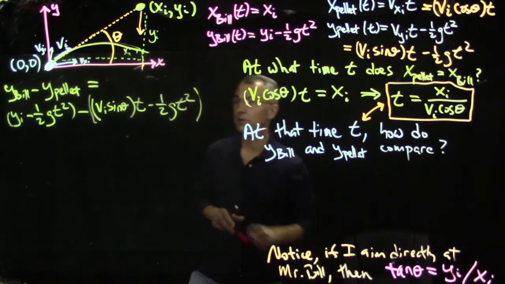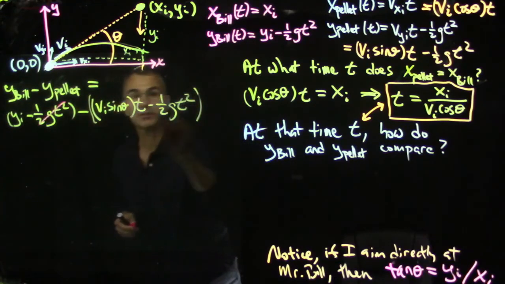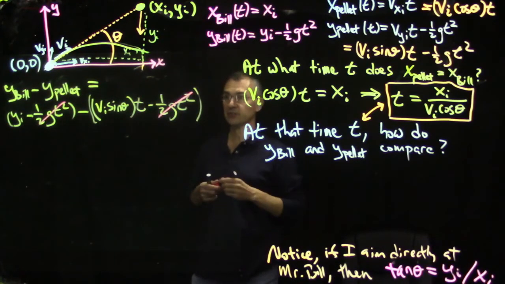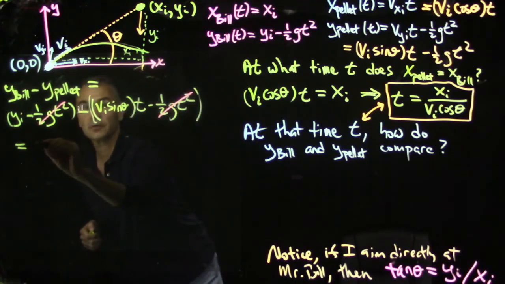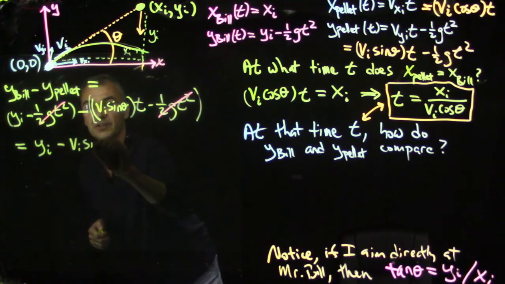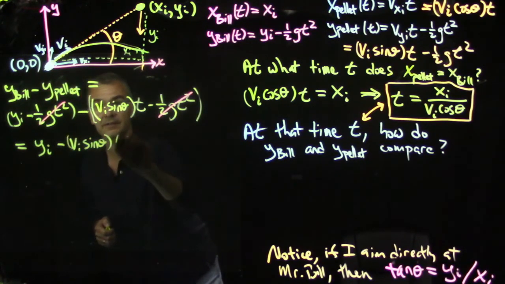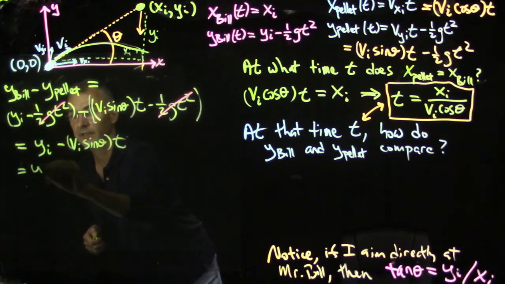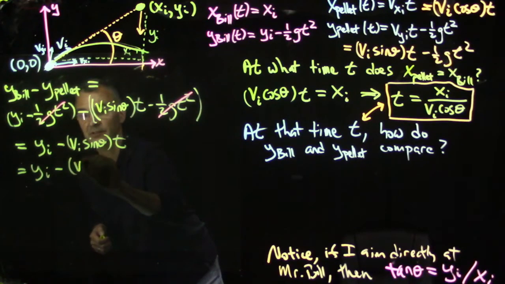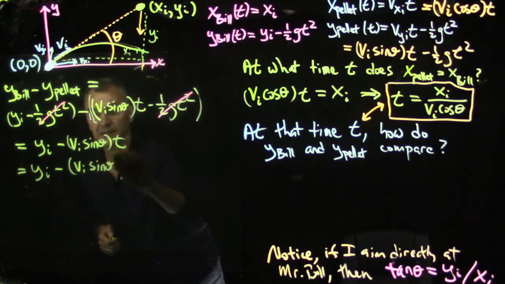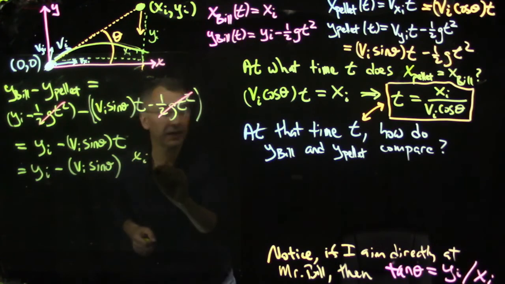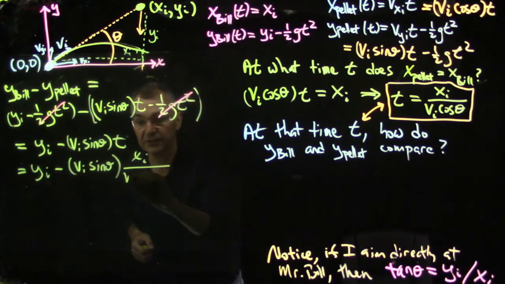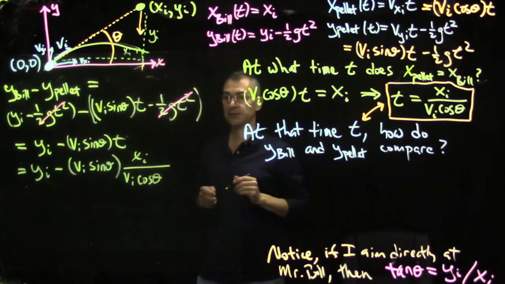And the minus 1/2 gt squared is the same in the two terms, so it just cancels out. And then we get y initial minus v initial sine theta t, which is y initial minus v initial sine theta, and what's our expression for t?